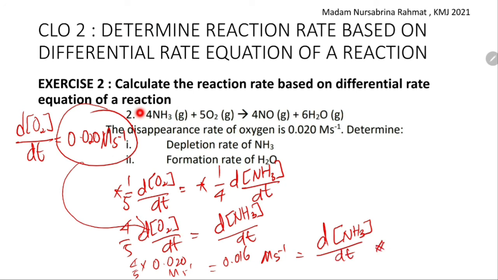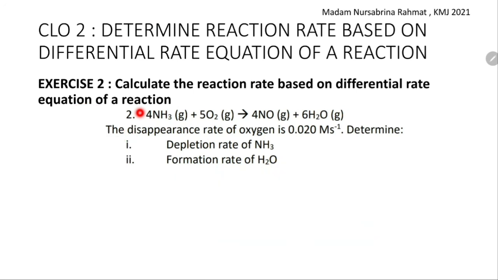And what about the formation rate of my water? So let's relate the oxygen and water. Since we already calculated the disappearance rate of ammonia, you now have two different values of rate of reaction.